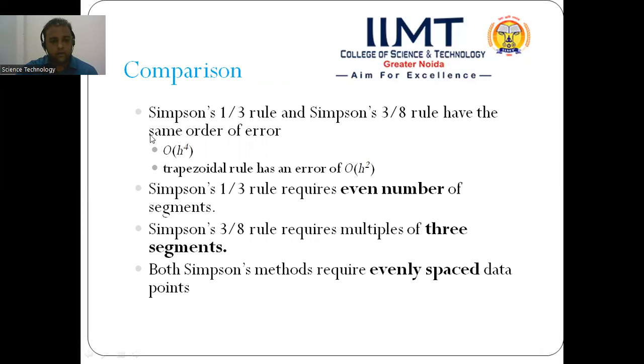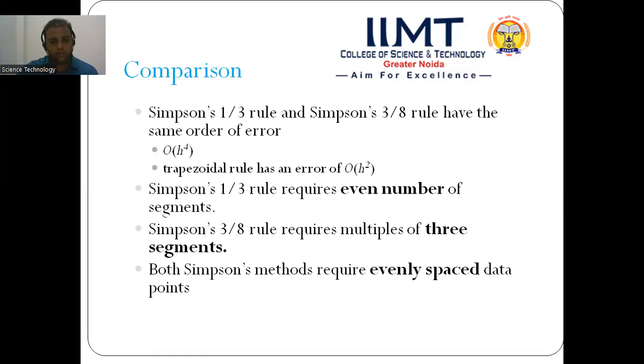Let me repeat again. H is defined as b minus a upon n, where n is the number of partitions we need. If we increase the number of partitions, the value of h will be smaller.